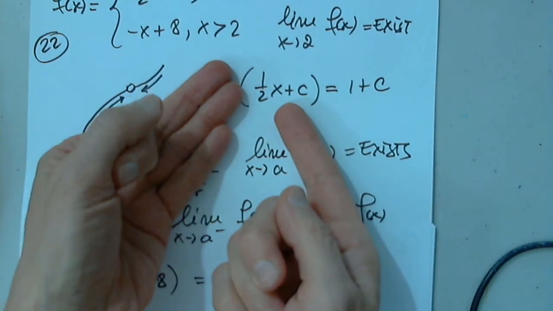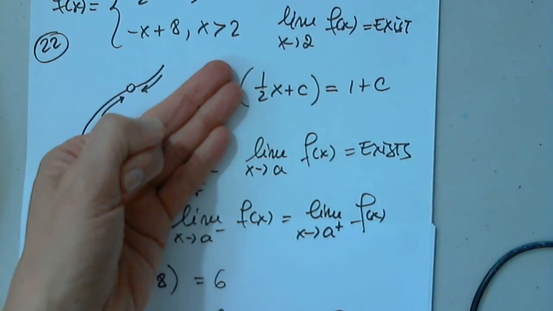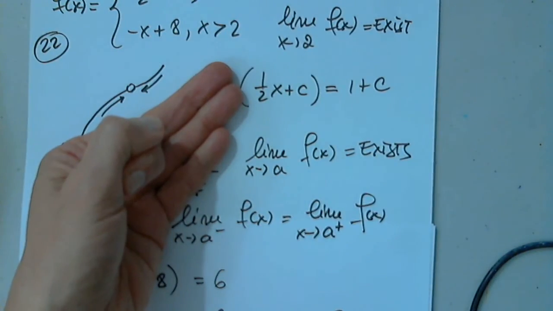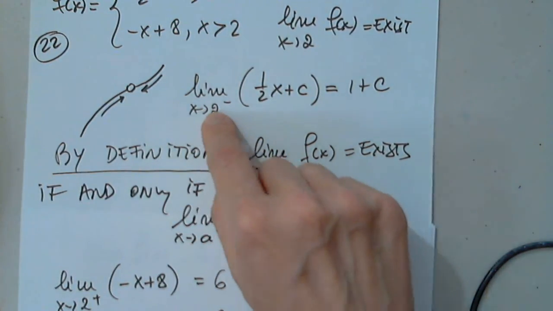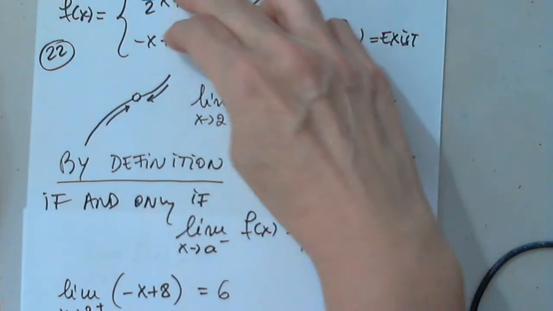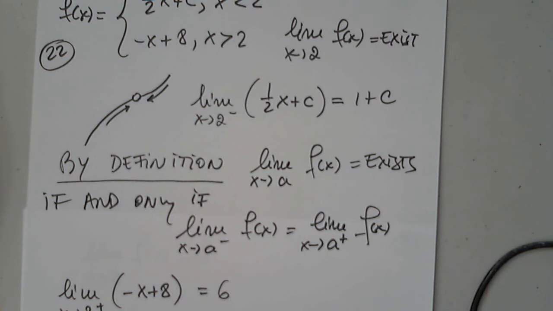If you're asking me to plug in 2 here, I'll say I can't. 2 is nowhere here. But inside the limit of this, yes, you will be plugging in x equals 2. But here you cannot plug in 2. It's not allowed.